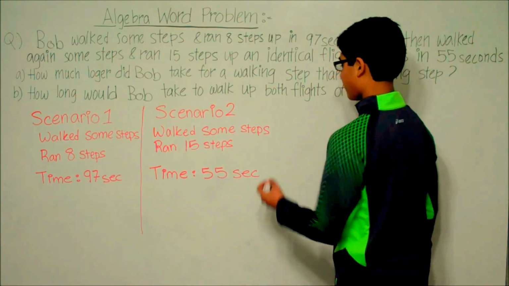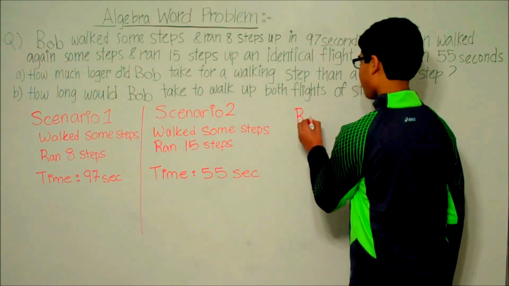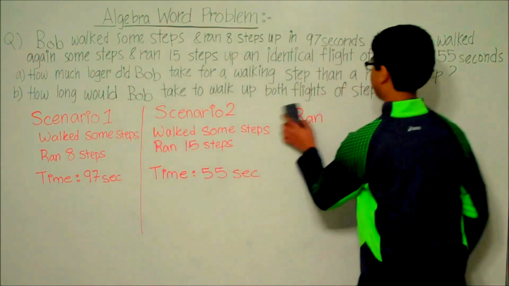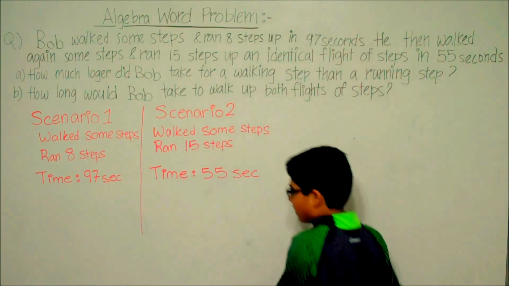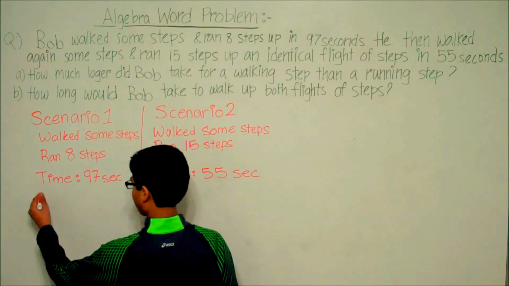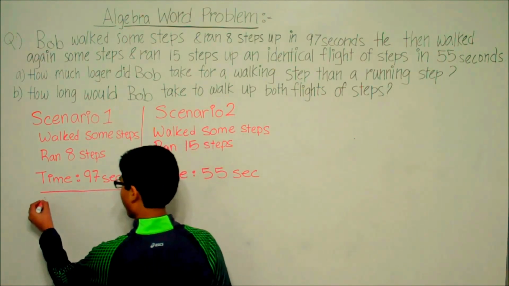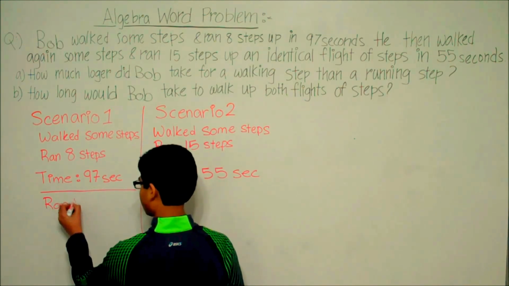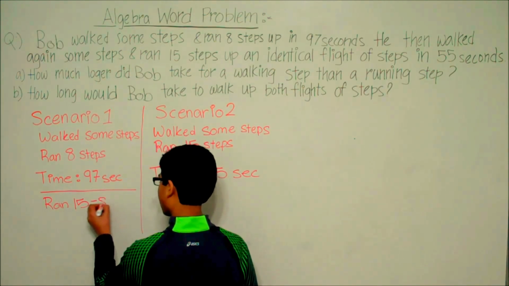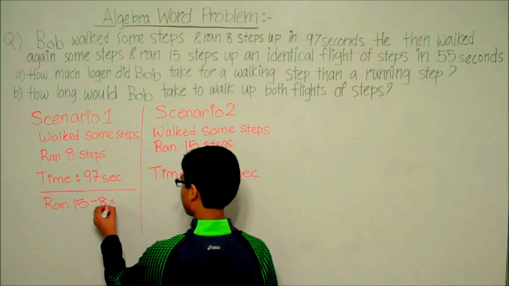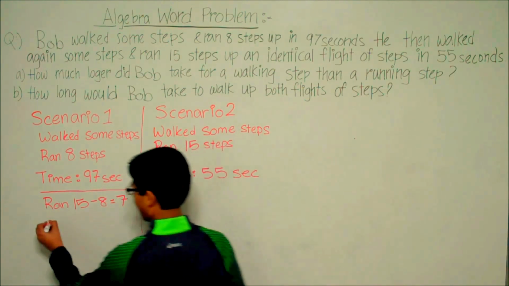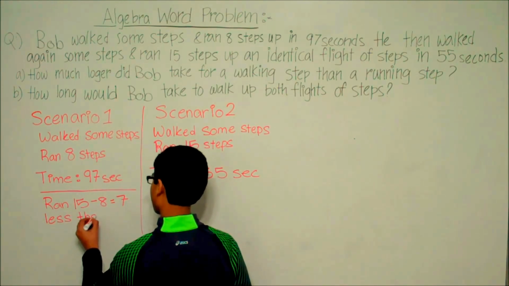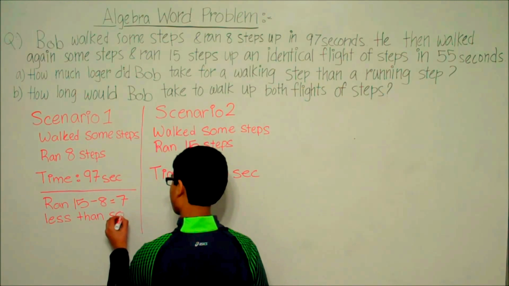So this means that he ran, in scenario 1, 15 steps minus 8 steps, which is equal to 7 steps less than scenario 2.